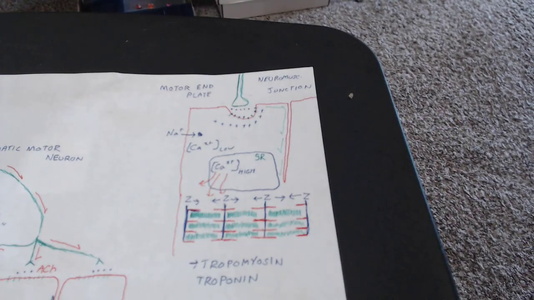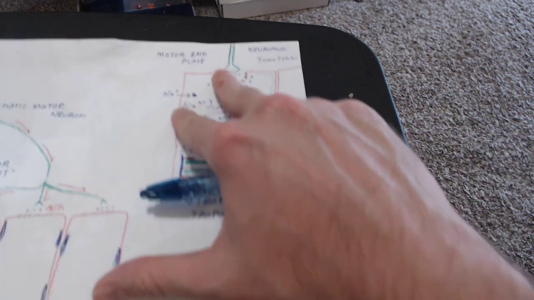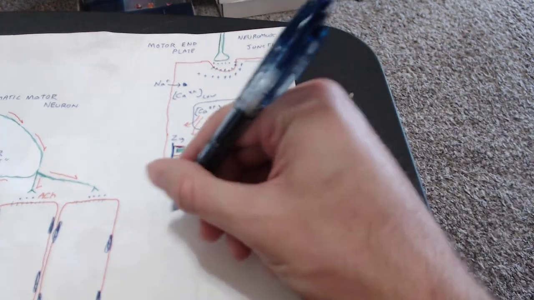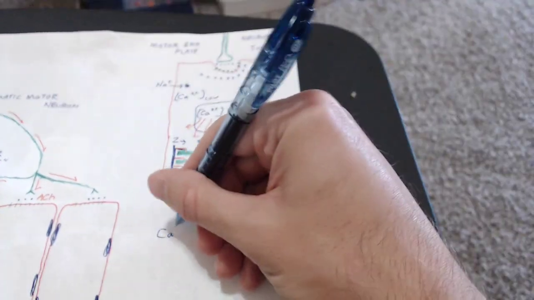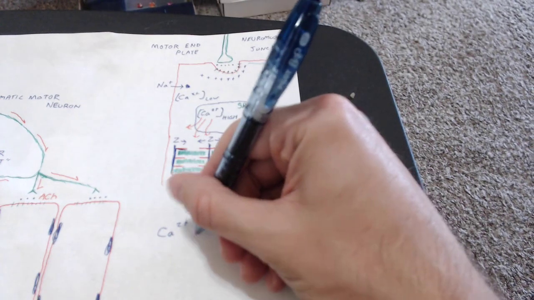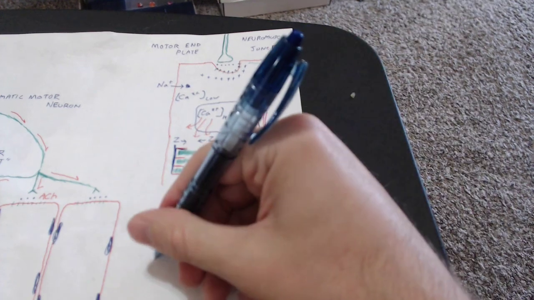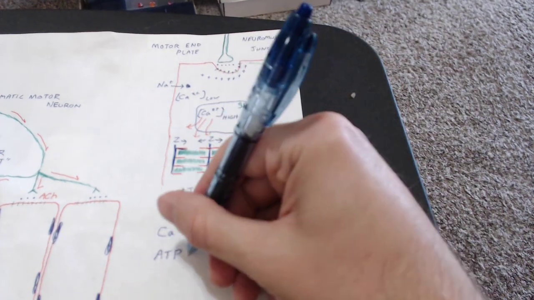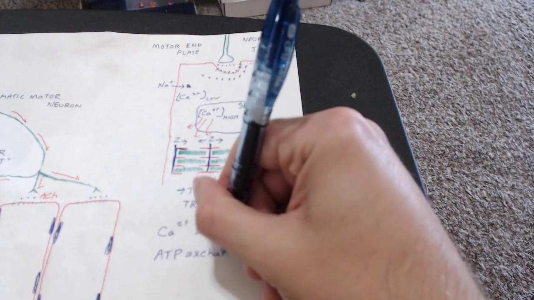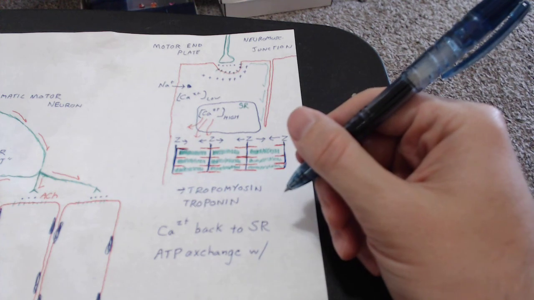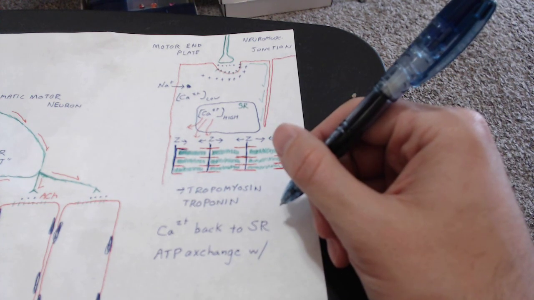Now, muscle relaxation, once you have contracted the muscle, is just going to be the process of reversing everything that we have shown here. So the muscle relaxation will involve such things as getting calcium back into the sarcoplasmic reticulum, ATP exchange with the myosin heads, which, if you do a little research on your own, you'll see how that pertains to the concept of rigor mortis.